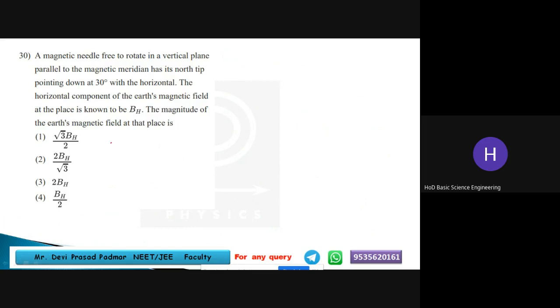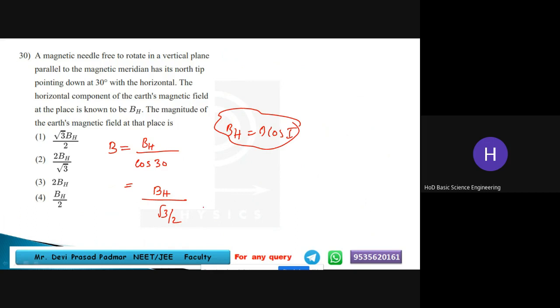Magnetic field, again this one, BH divided by cos theta, right? You have BH equal to B cos I. Just simplify that. So BH divided by cos 30, root 3 by 2, that is 2BH divided by root 3.